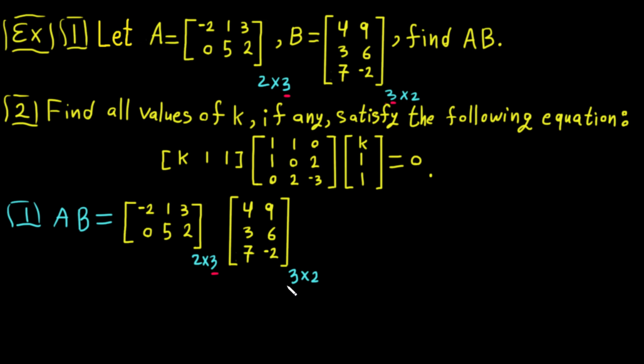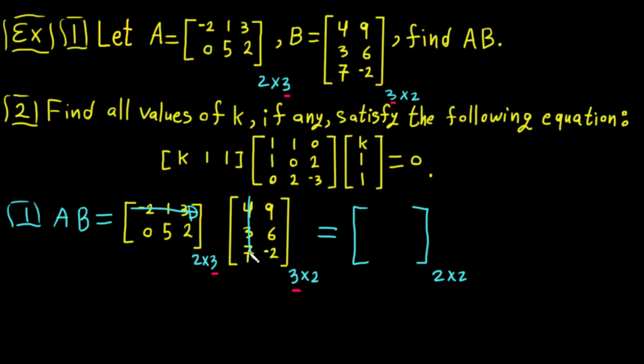Since these numbers are equal, then we can find AB. So we can multiply these matrices. So this equals a 2 by 2 matrix, because here 2 and here 2.